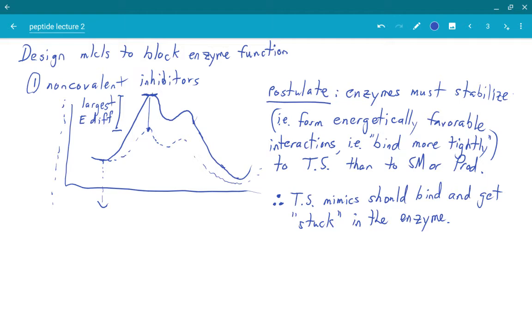And so in the case of proteases, the transition state looks like the tetrahedral intermediate.